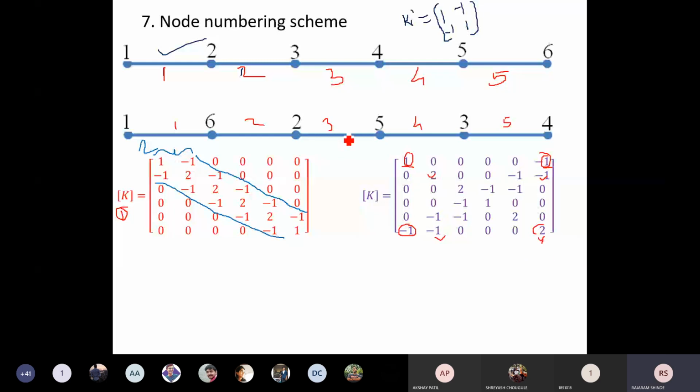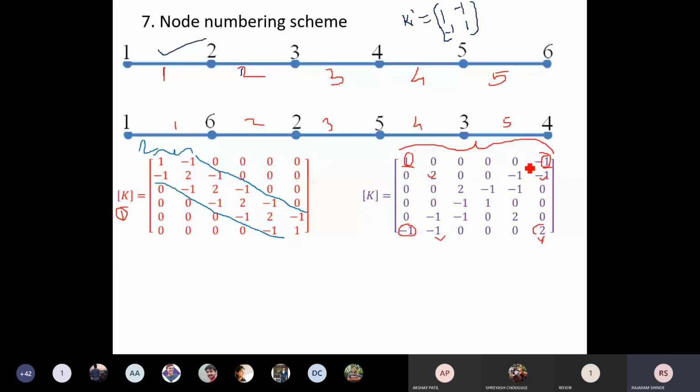Now the same thing will happen for the third element, fourth element, and fifth element. You can write this type of stiffness matrices by using node numbering. Okay. See here, for the nodes which are not connected to the elements, you will get zero terms in that row and column. Okay. Now if you observe this matrix, here you will get scattered non-zero elements.